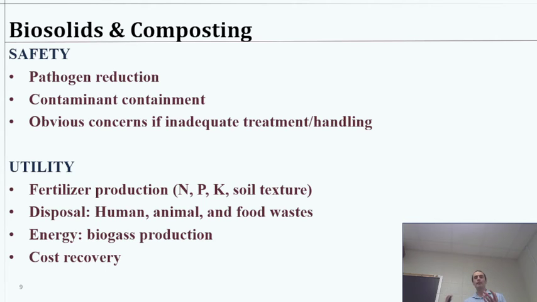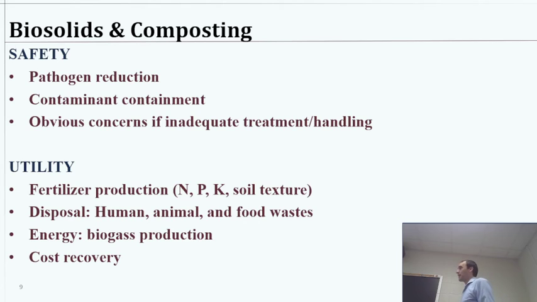So biosolids, composting of biosolids, is how we can go about doing that. What we need to do is ensure safety in terms of pathogen reduction, and we also wouldn't apply them to crops that are going to be fresh produce, right? Even if we have a good pathogen reduction, we're still just not going to risk that.